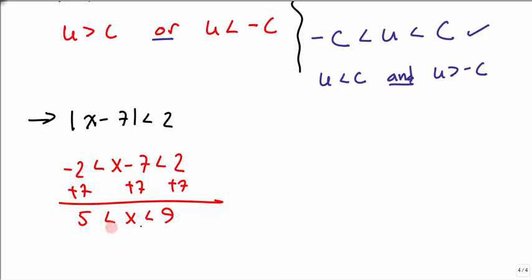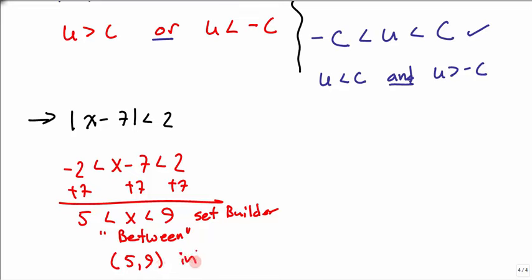Now if we had to write this out, a lot of times we'll put this in interval notation. Remember, this is solution builder notation, I believe they call it, or set builder notation. So this is set builder. And then we'll have interval notation. This notation means between. When I have the two less than signs and my numbers run small to large, this means between. So this runs between 5 and 9.